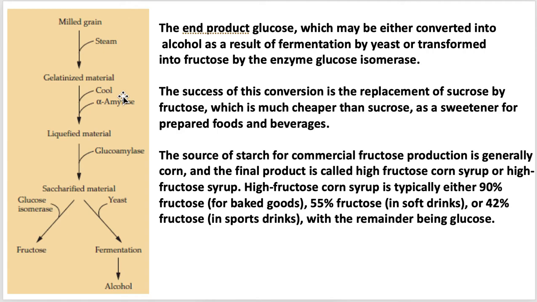And also it is theoretically possible, using recombinant DNA technology, to make alpha amylase and glucoamylase which have similar requirements for the conditions, like pH, pressure, and temperature requirements for optimal activity.